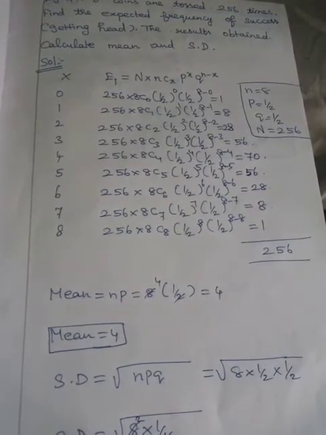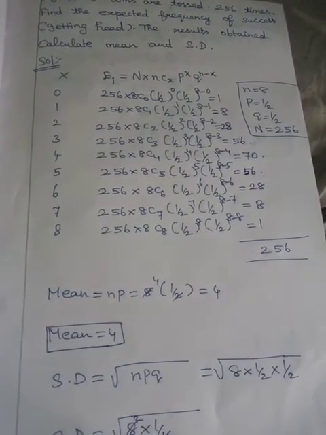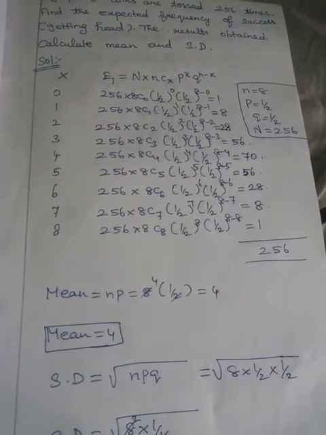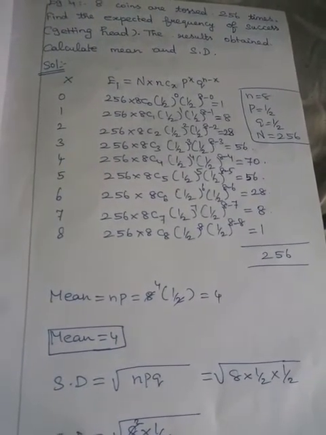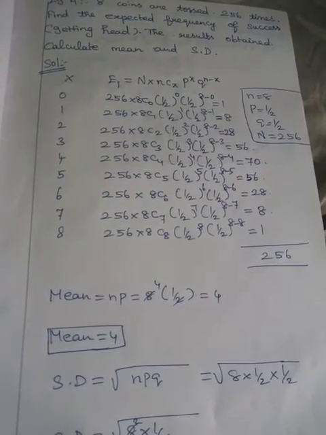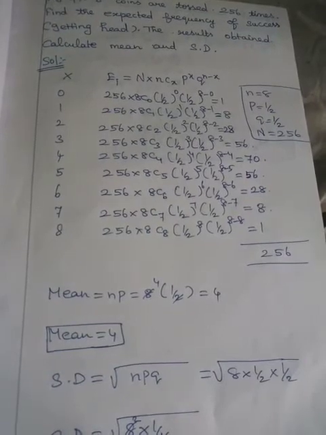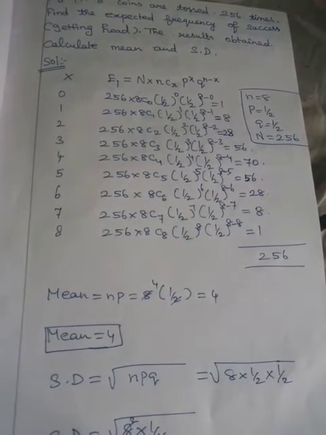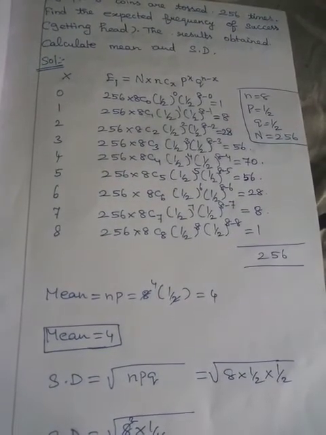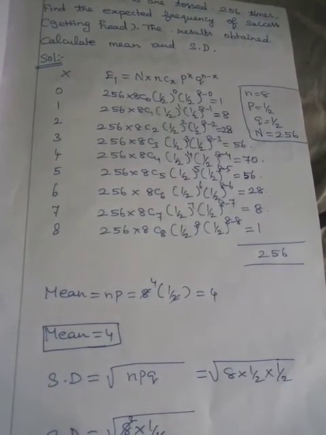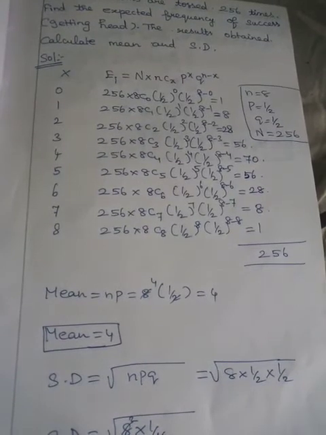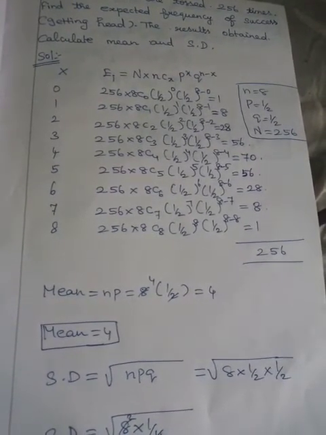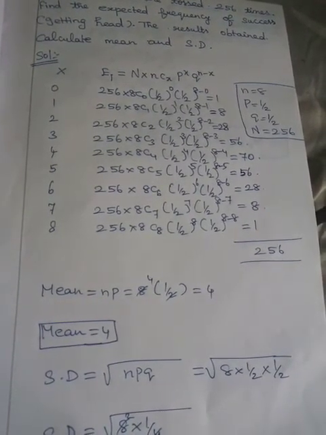Next, 8C5 equal to 56, 8C6 equal to 28, 8C7 equal to 8, and 8C8 equal to 1.